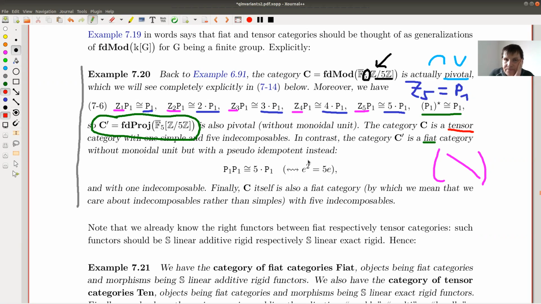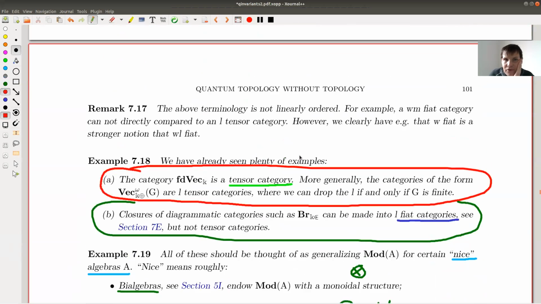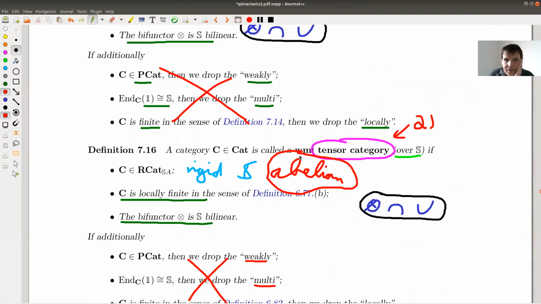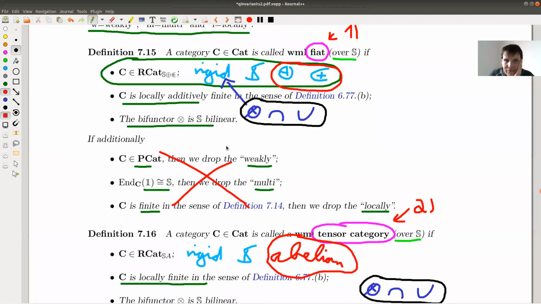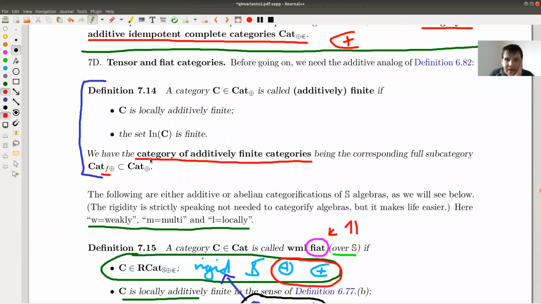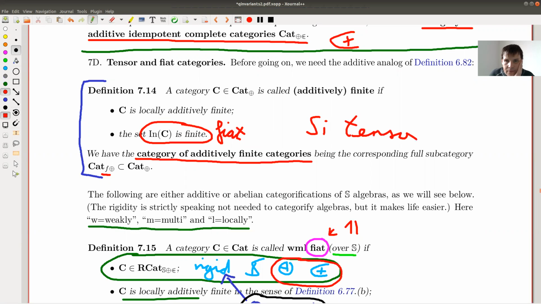Okay, so one finiteness condition I forgot to mention, and that's kind of important. Well, it's written here, but I forgot to say it explicitly. For Fiat, we want the set of indecomposables to be finite. So this is Fiat. And for tensor, we want the set of simples to be finite. All right.